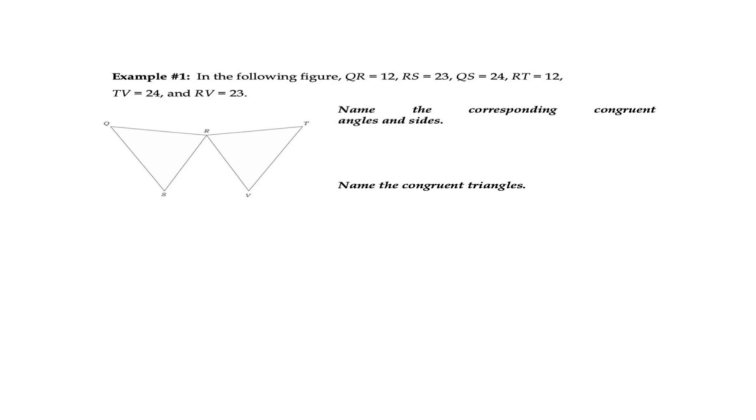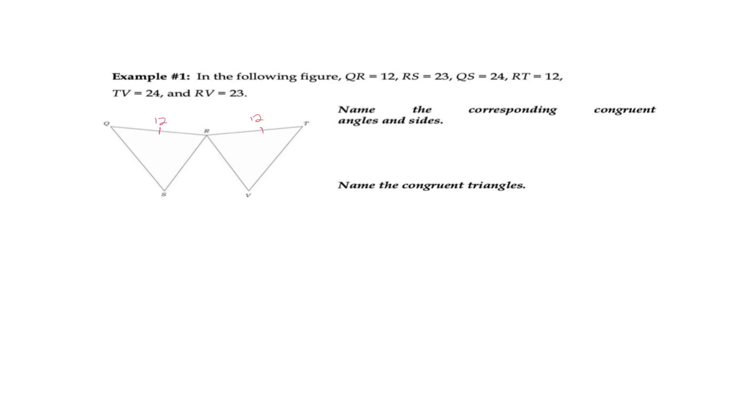All right, this next one. So you might see on the paper there's like a T-chart proof, but we're going to skip over that. We're going to go right to this example 1, where it says in the following figure, QR is 12, RS is 23, QS is 24, and RT is 12. Okay, so RT is 12 and QR is 12.